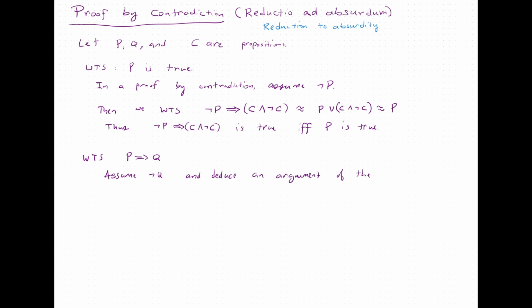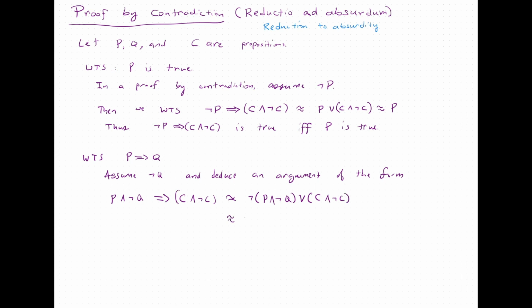So we're going to give an argument of the form P and not Q implies some contradiction. Then we do the same thing we did above. We go about finding the logical equivalent statement to this. And so we will have not of this or the contradiction.